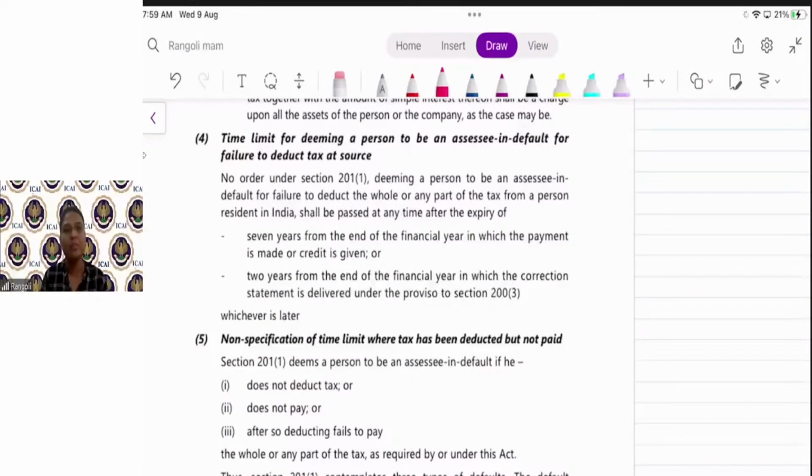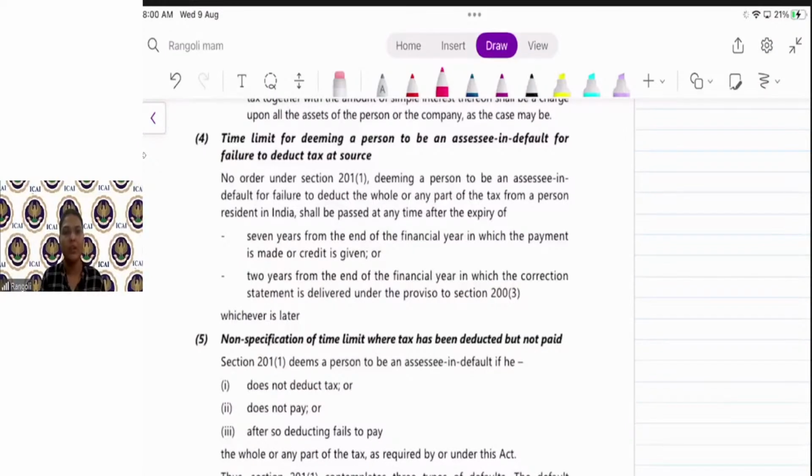Now, the time limit for a person deemed to be assessed in default for failure to deduct tax at source. The income tax department will issue an order to the payer that he is assessed in default if he fails to deduct TDS.